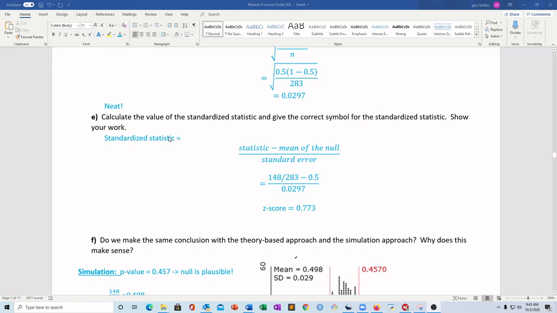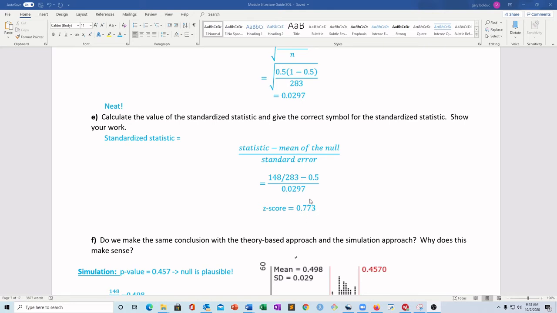So let's use that. We then want to find the standardized statistic. What's the formula? It's the same formula as from before: statistic minus the mean of the null over the standard error. My statistic was 148 out of 283, that's the candy, minus the mean of the null from the null hypothesis, which was 0.5, divided by the standard error that I just calculated right here.